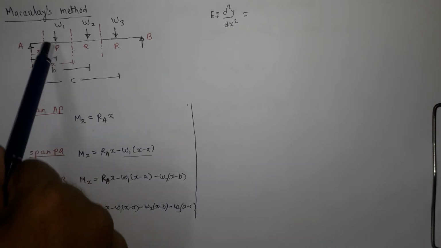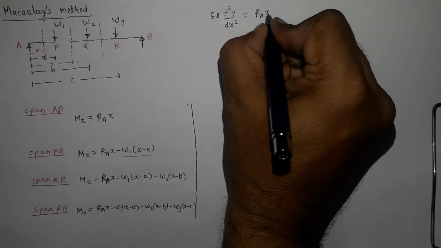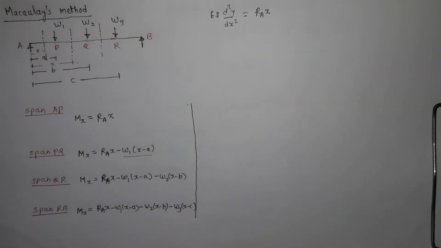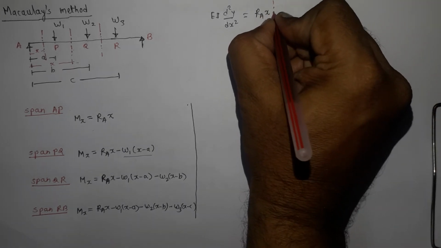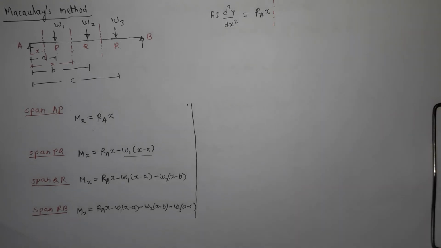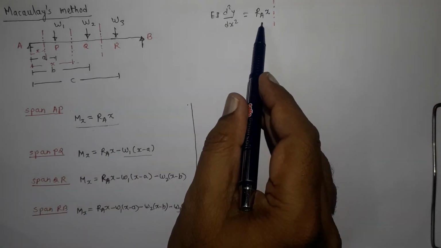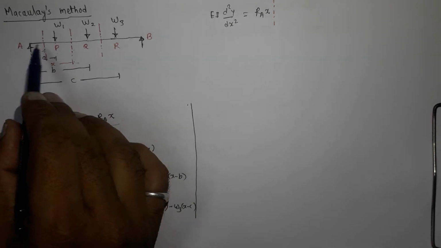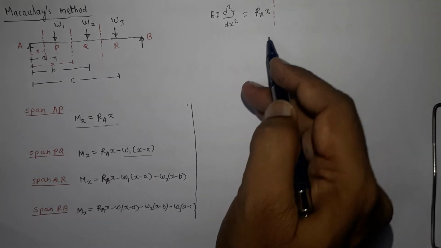Now for this first subspan, the bending moment expression is Ra into x. So for every section in the first subspan, the bending moment is going to remain same. Then what he suggested is that when you want to go for the second subspan, put a partition over there, and so this is the bending moment expression for first subspan. Now the first subspan is over, I want to deal with the second subspan, then I will have to put a partition over here.